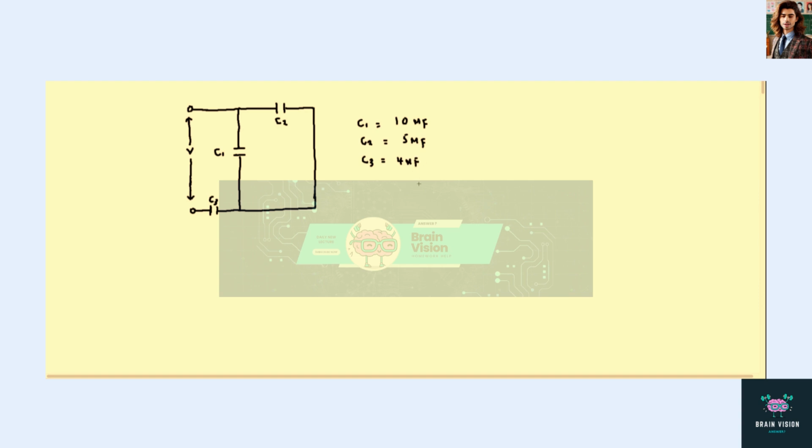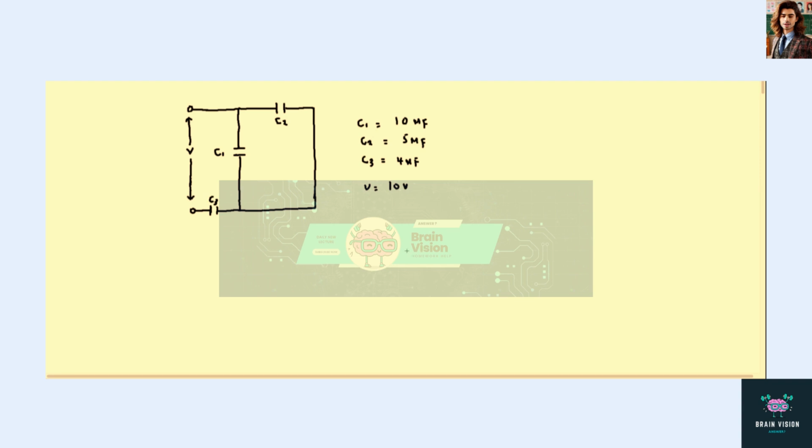The voltage, the potential difference represented by V, is equal to 100 volts.